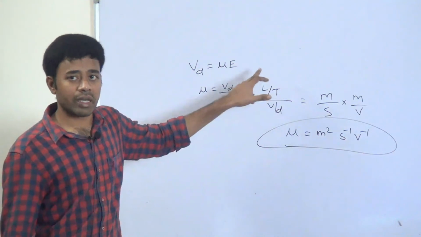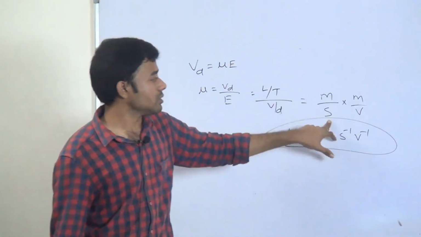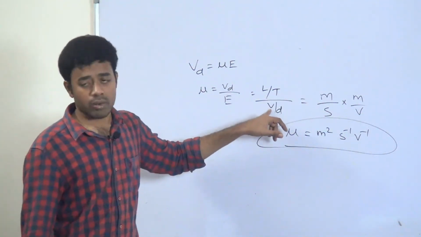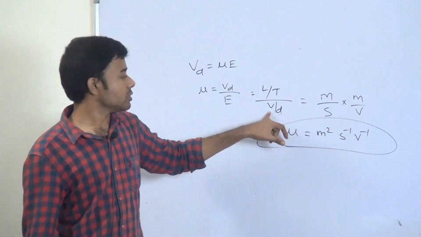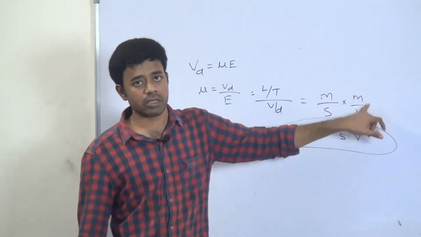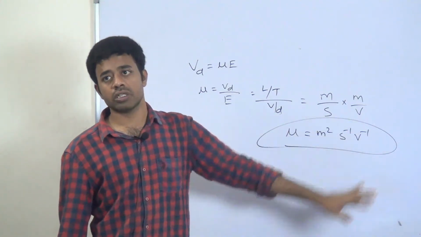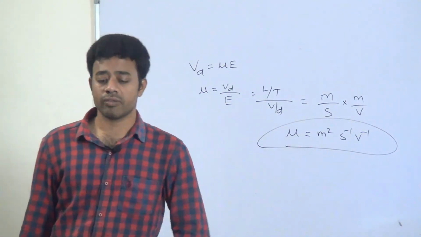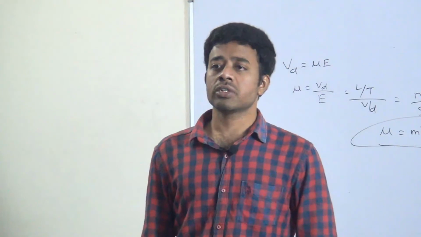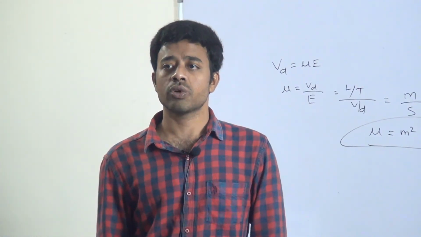The length has the unit of meter, so it is meter by second into volt per meter. So it is meter into meter, meter square, second inverse, volt inverse. So it is option A for problem number 8. The SI unit of electron mobility is meter square, second inverse, volt inverse.